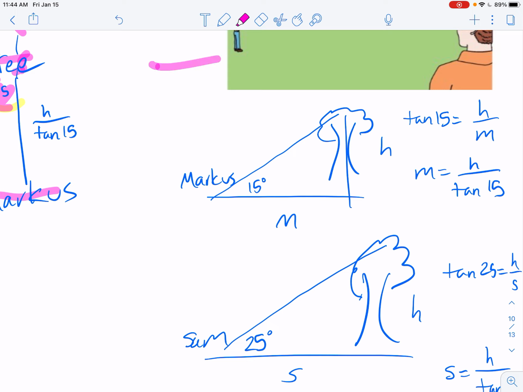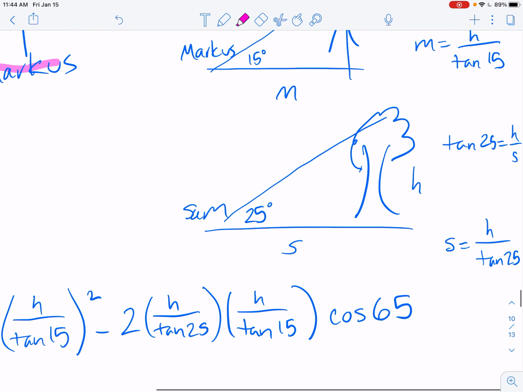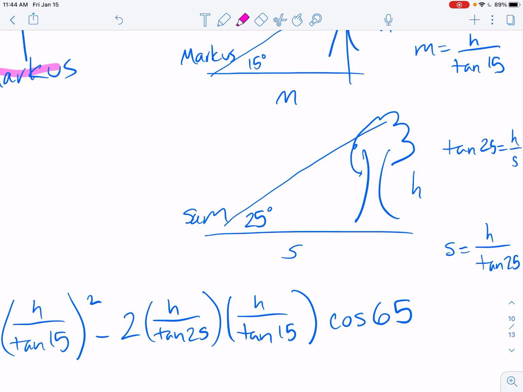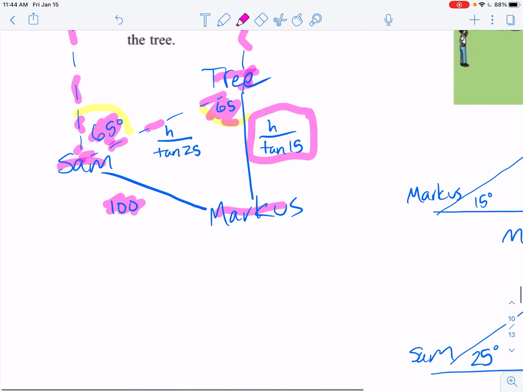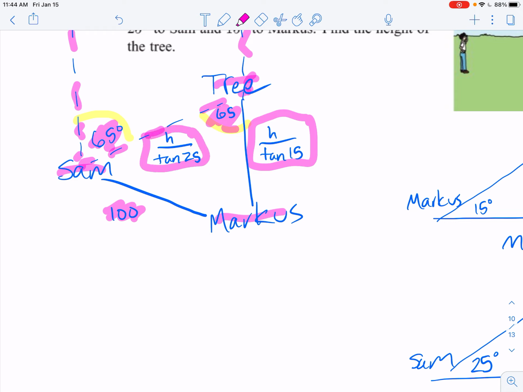Then I did the same thing for Sam, using the fact that they had a 25 degree angle of elevation. Used tangent again. It came up with an equation for Sam's distance in terms of the height of the tree. So then that became this length right here.